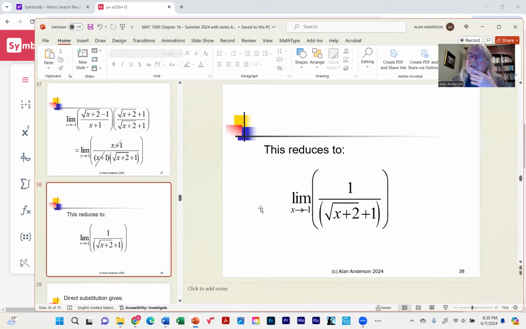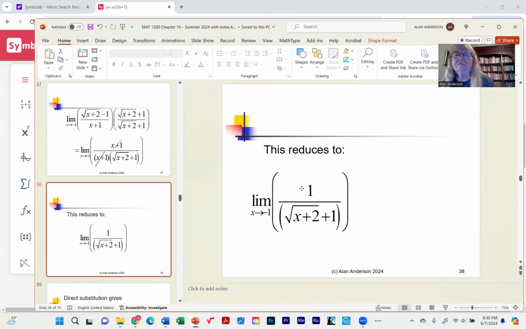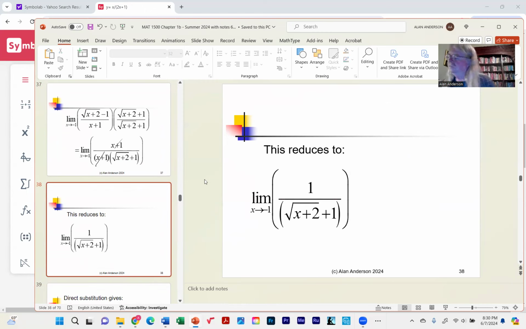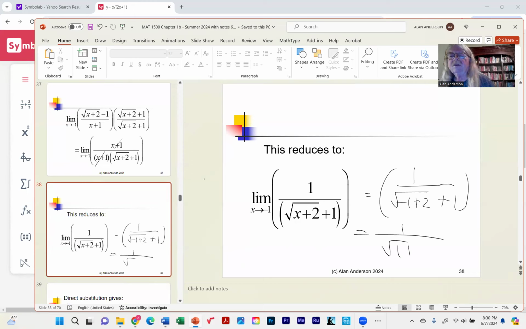And now when we plug in that -1, we're just going to wind up with 1 over radical 1 plus 1, which is just a half. Wow.